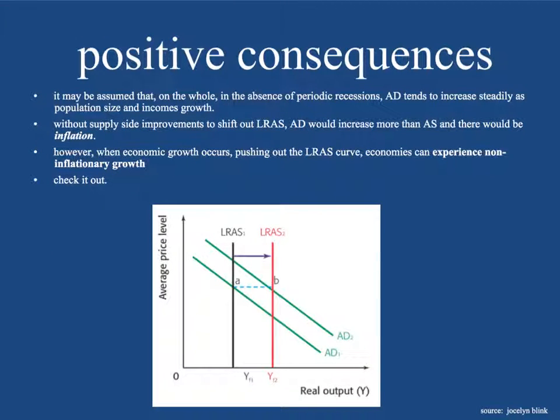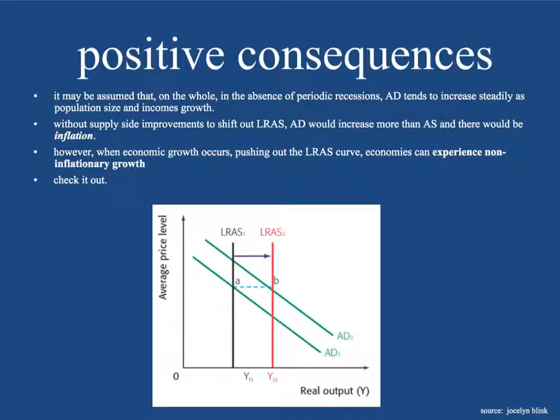Okay, positive consequences. Of course, it could be assumed that on the whole, it's one of the overall macroeconomic goals of a government, that growth is positive. And it is true. If the aggregate demand steadily increases over time and the population size increases, then there will be growth.